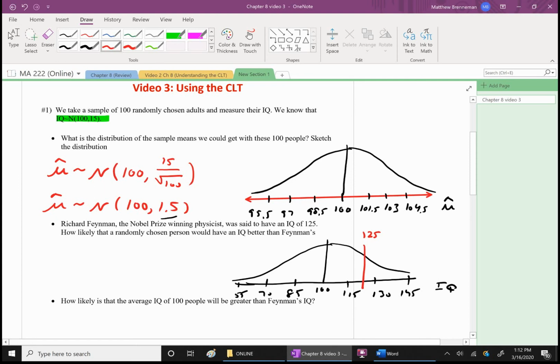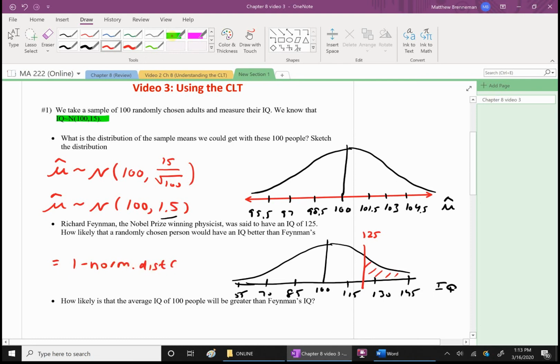And so how likely a person would have an IQ higher than Feynman's is the same as asking what percentile is Feynman in? What upper percentile is he in? And this is the percentage of people that are going to have IQs higher than Feynman. And so if I were to compute this in Excel, I'm going to say it's going to be equal to 1 minus norm.dist.